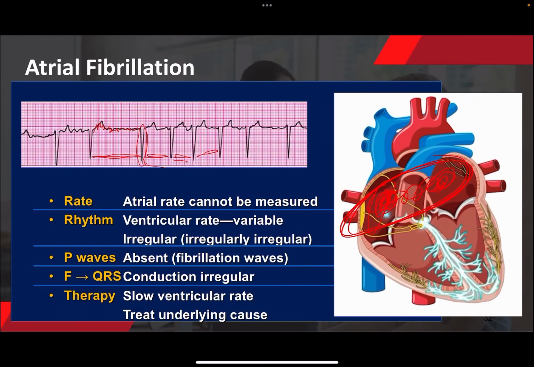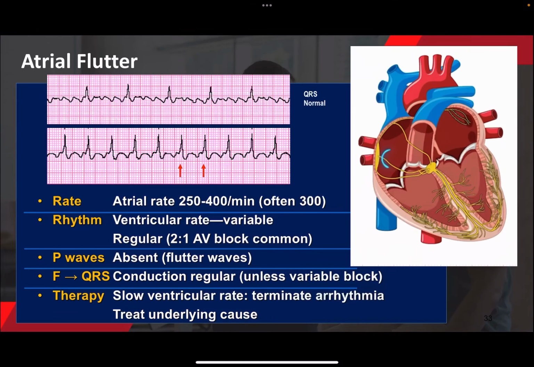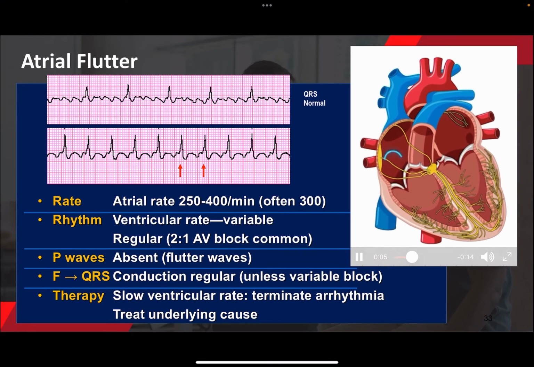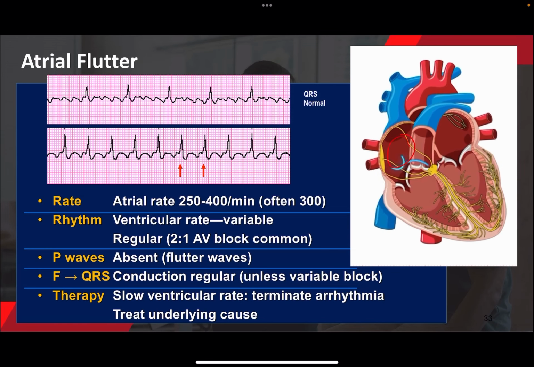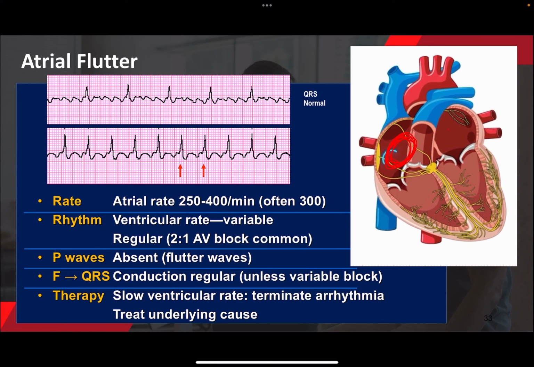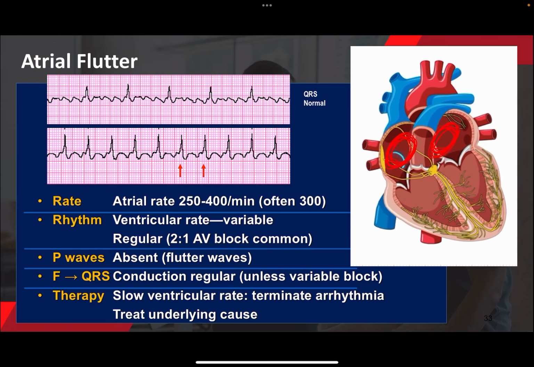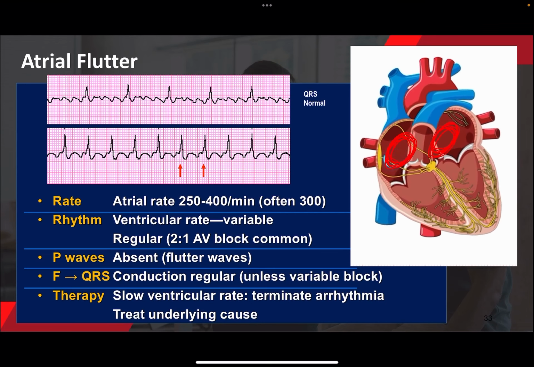It's different. Okay, so the next would be atrial flutter. Compared to atrial fibrillation, it's more organized, but still your atrial activity is going too fast, so it's not refilling the atrium properly. That can also cause issues for your patient.